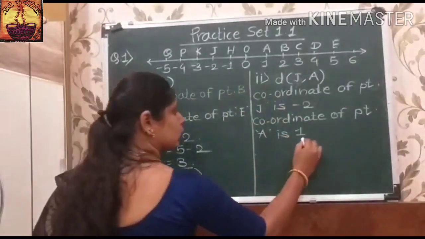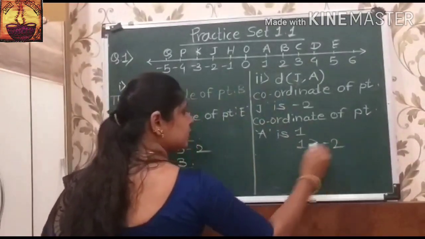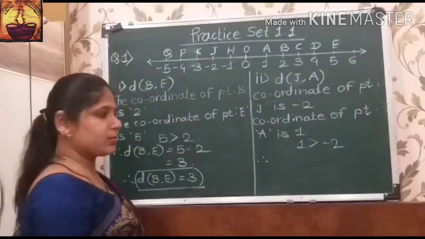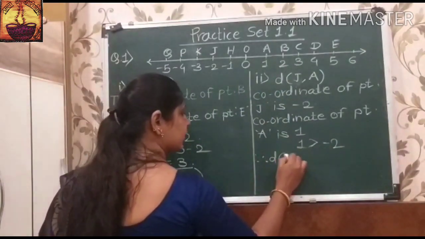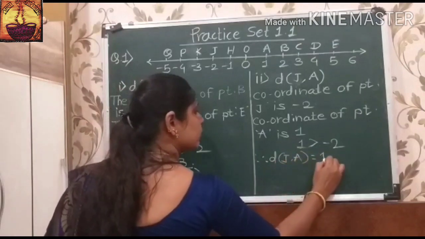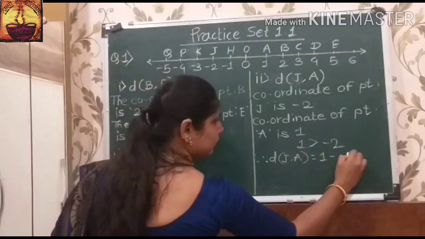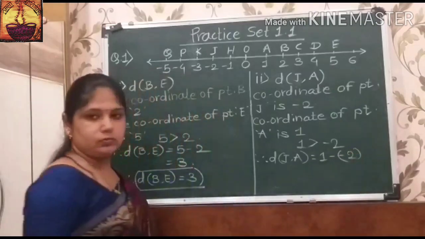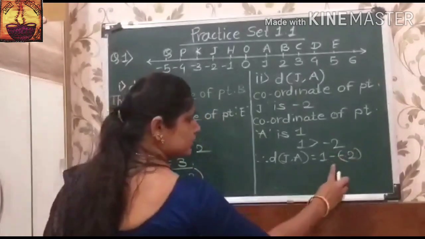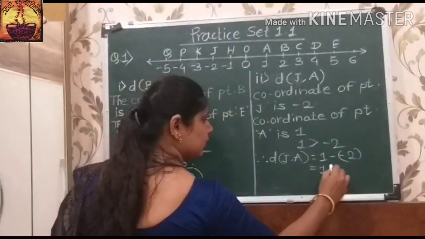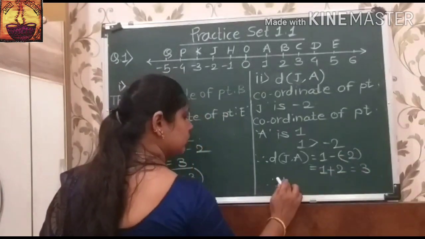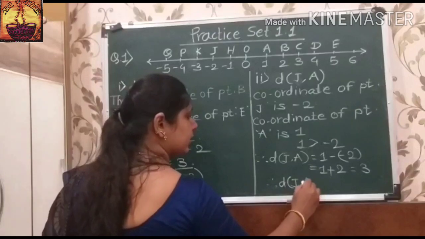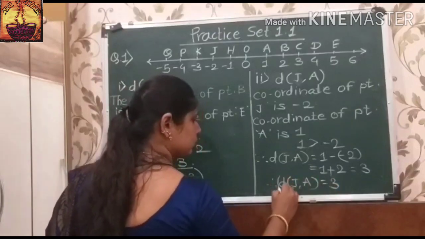We know that 1 is greater than minus 2. Therefore, we have to subtract minus 2 from 1. Distance JA is equal to 1 minus of minus 2. Here minus minus becomes plus. 1 plus 2 is equal to 3. Therefore, distance JA is equal to 3.